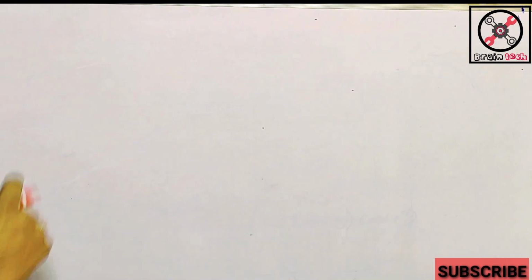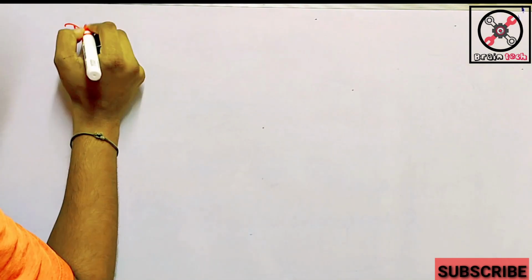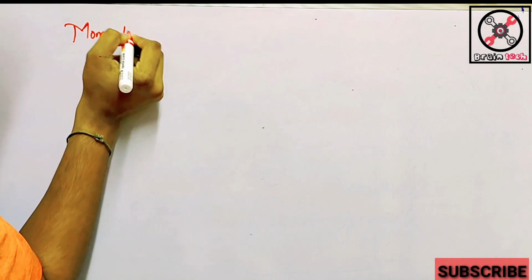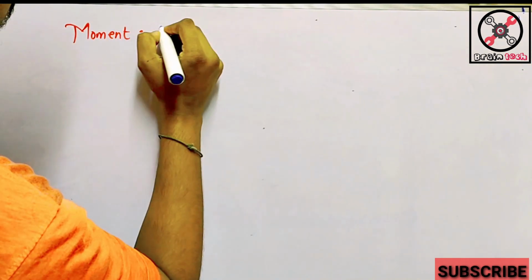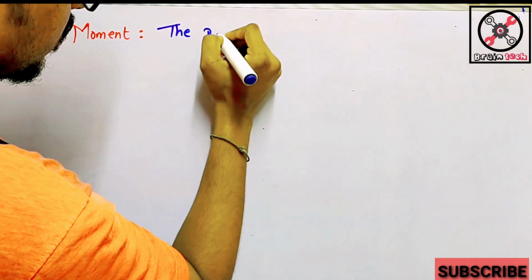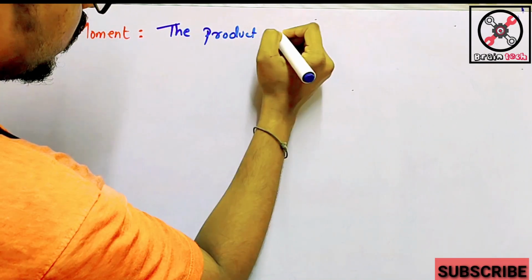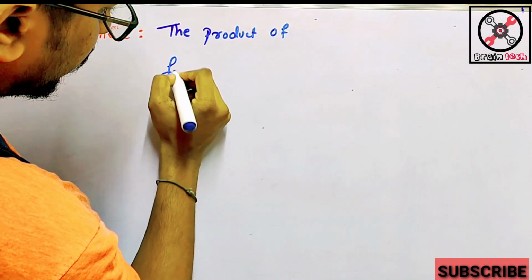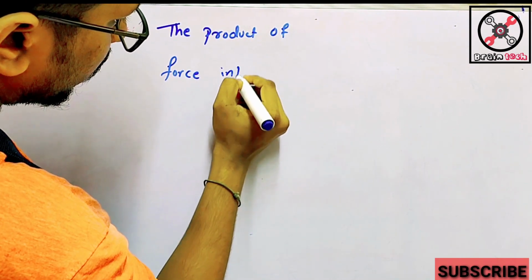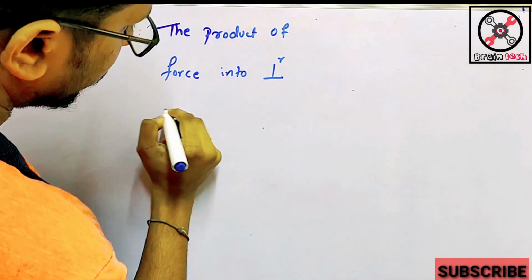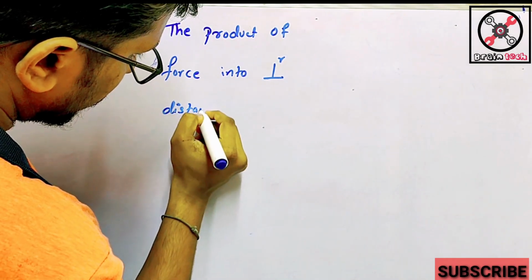Before we understand the next concept, that is Varignon's theorem, first I'll give you a concept of moment. So what is moment? Moment means the product of force into perpendicular distance.